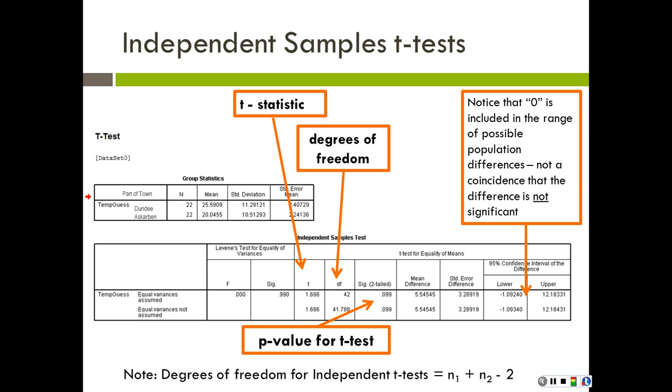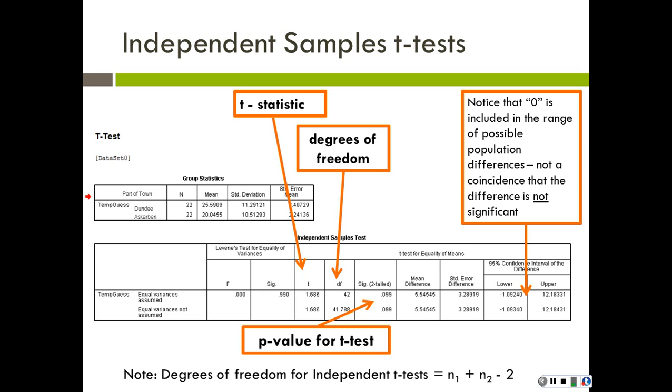The other thing to note here is this last orange box. 0 is included in the possible range of confidence intervals. This last box is our confidence intervals. We have a 95% confidence interval of the difference. The value we're looking for is the difference between the means.